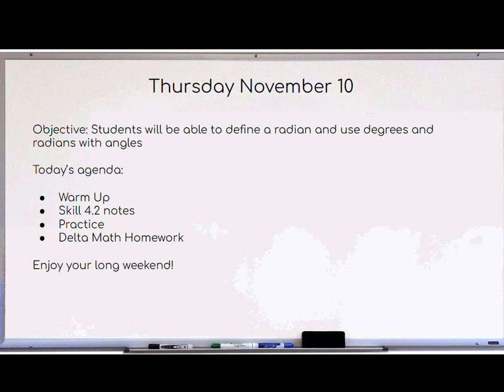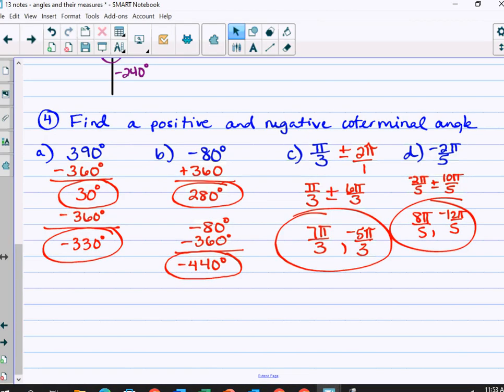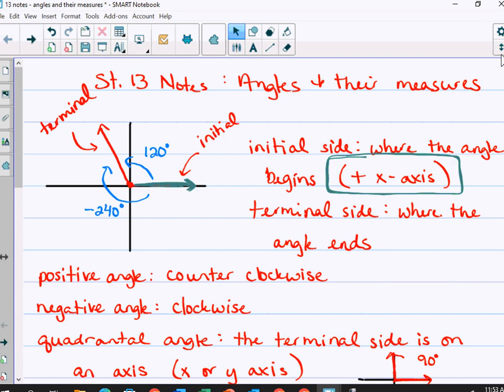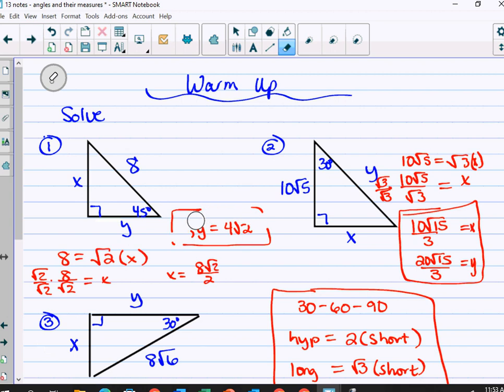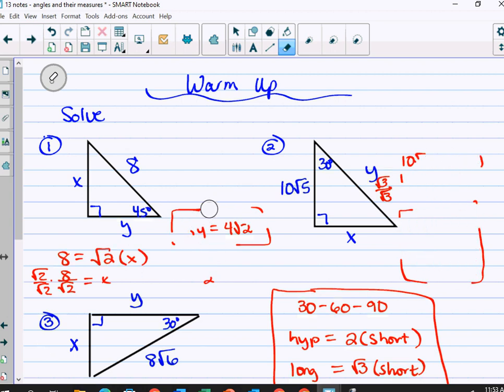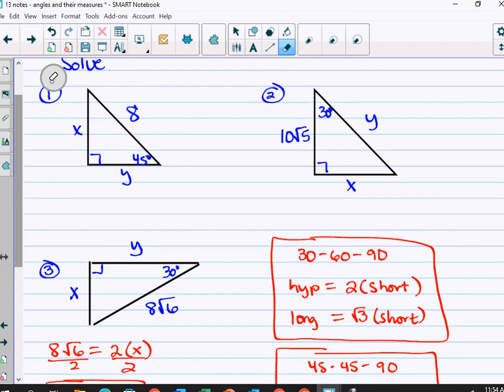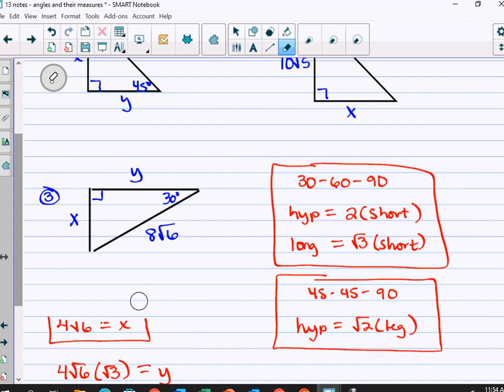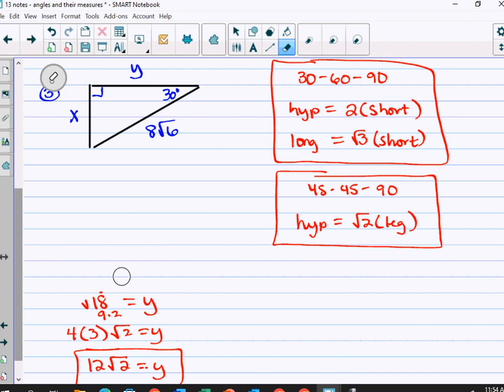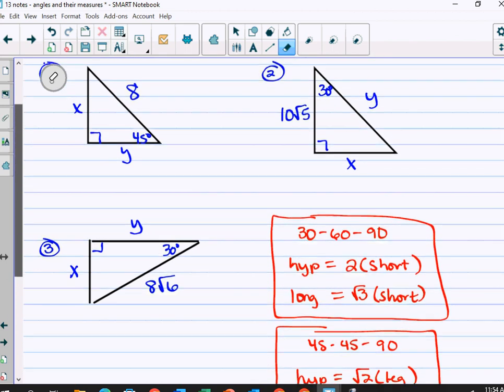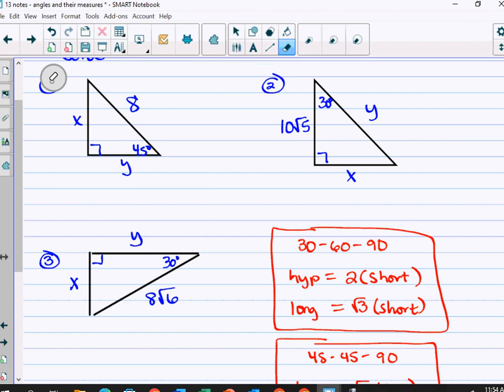All right, get out whatever you're taking or doing your warm up on. All right, guys, so you are solving for x and y.